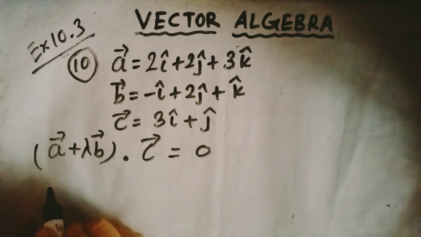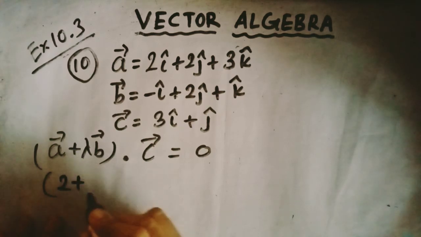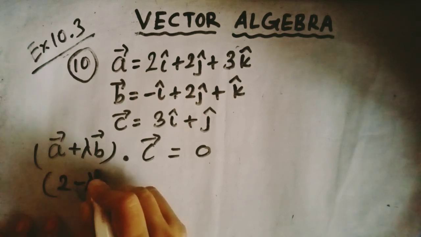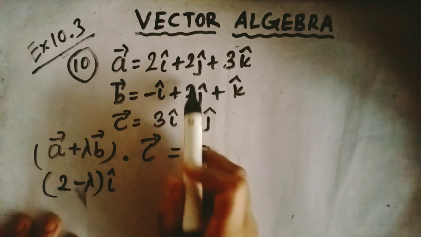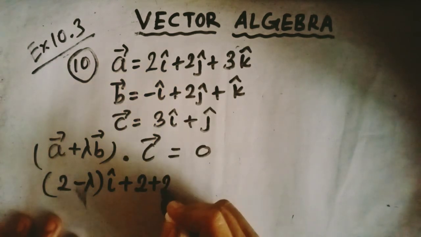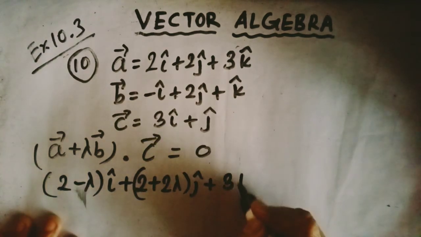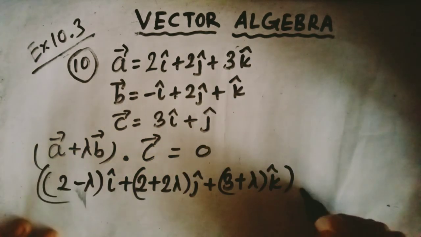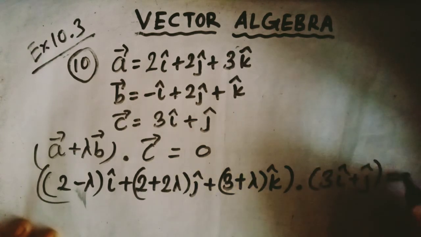So a plus lambda b: 2 minus lambda i, then 2 plus 2 lambda j, 3 plus lambda k, dot product with c vector 3i plus j equal to 0.